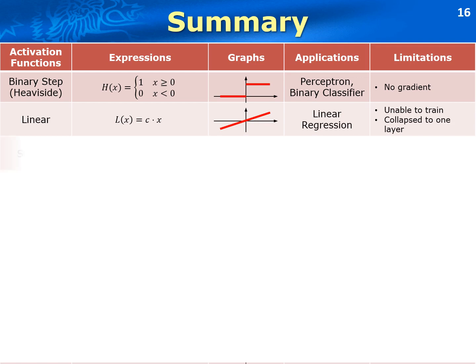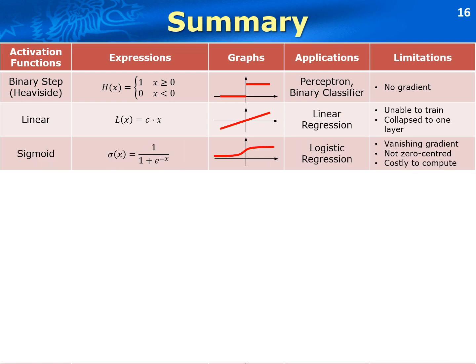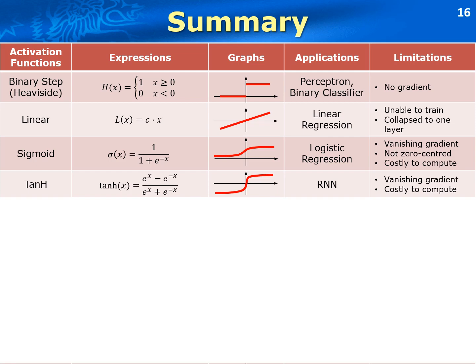Sigmoid is a smooth nonlinear function. It is often used in logistic regression. However, it is costly to compute and has a vanishing gradient problem, and its range is not zero-centered. To fix this issue, tanh is proposed, which is a rescaled version of sigmoid.